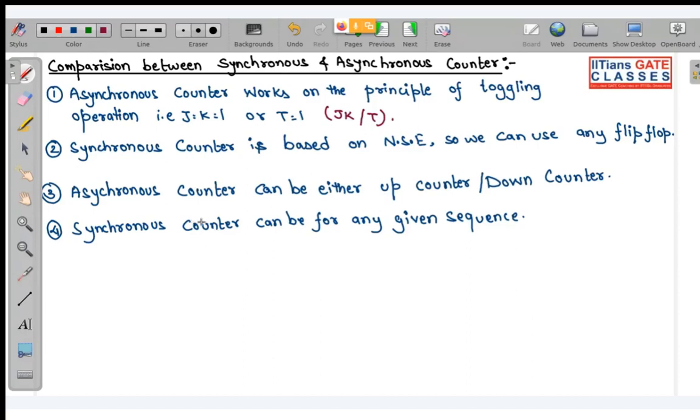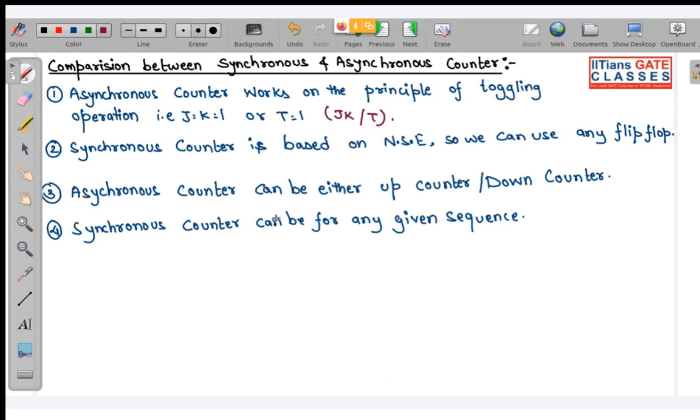Okay. So asynchronous counters, I have already told you, are either up counter or down counter. With the help of clear and preset, we can reset the counter at a certain state, but the counting will always be either up counting or down counting.